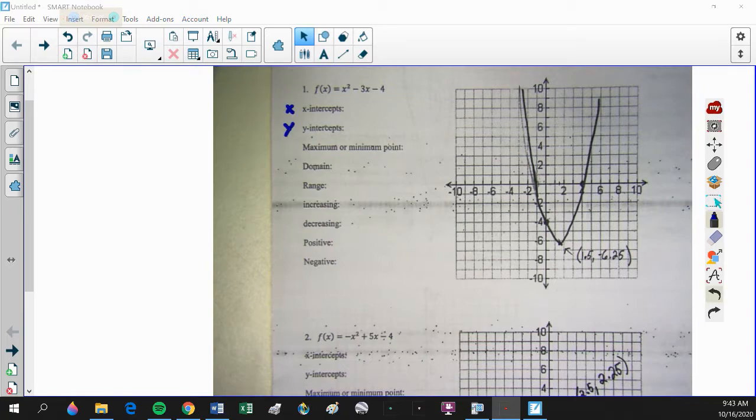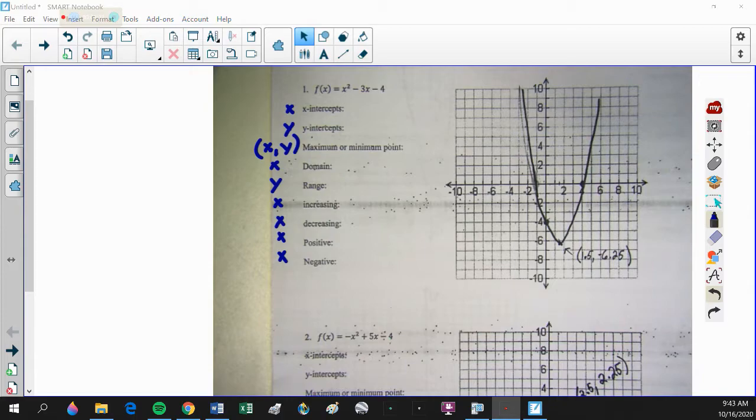This one is a y. This one is an x comma y. This one is an x. Range is a y. And then the other four are all x's. And that tells you which axis to read.